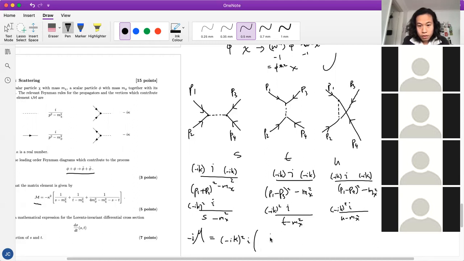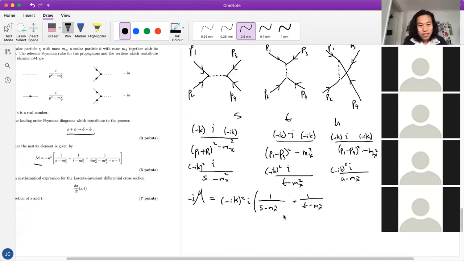I take an i out of front as well: 1 over s minus m chi squared plus 1 over t minus m chi squared. Instead of u minus m chi squared, I'll use the relation we derived in one of the tutorials: s plus t plus u is equal to 4 times the mass of the particle, m phi squared. So u is equal to 4 m phi squared minus s minus t. Then this is 1 over 4 m phi squared minus m chi squared minus s minus t.